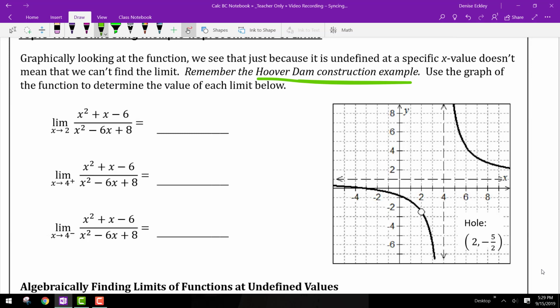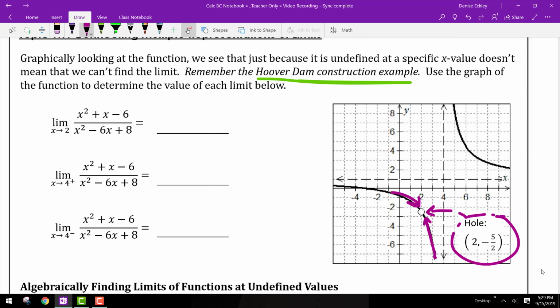So we have the same kind of look here where we have this hole that I'm talking about, which is right here. So even though the function is not defined there, if we look at the limit from the left and the limit from the right, we can see where we're headed. So we can use that to help us.